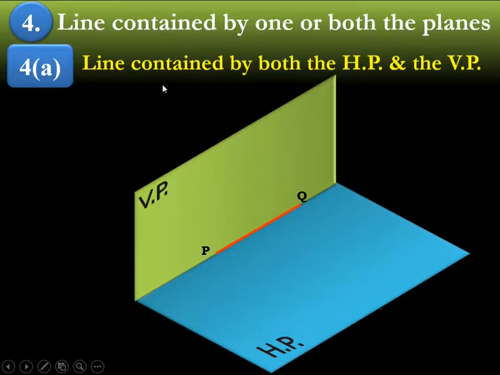Now let us move on to the fourth category, line contained by one or both the planes. The first subdivision under this fourth category is a line contained by both horizontal plane and vertical plane. Here we can see the pictorial representation of a line capital PQ which is contained by both horizontal plane and vertical plane.